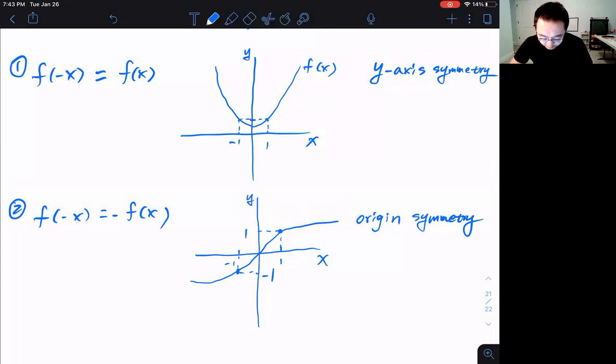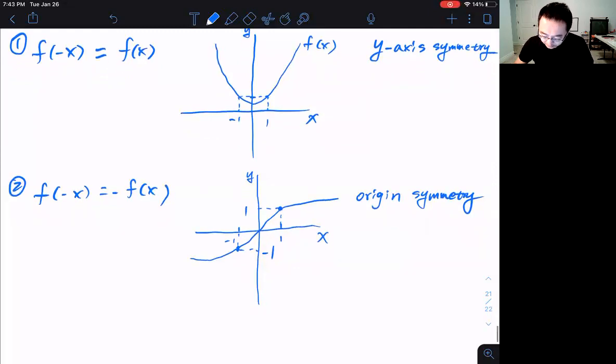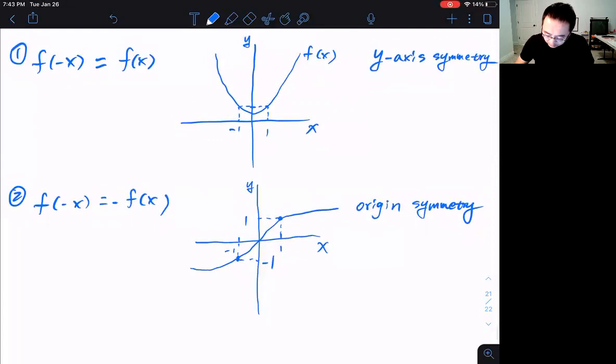If f of negative x equals negative of f of x, like the second scenario here, then given different graphs, you should be able to identify this one as the most likely candidate for that function.